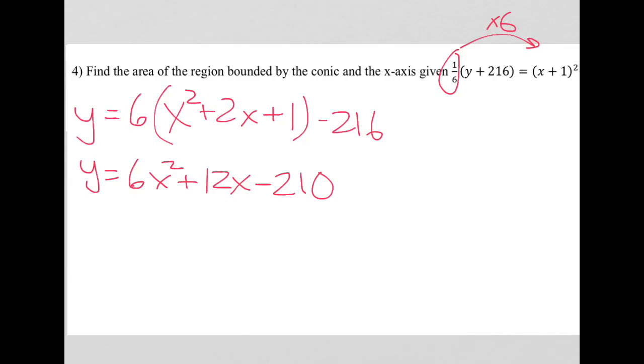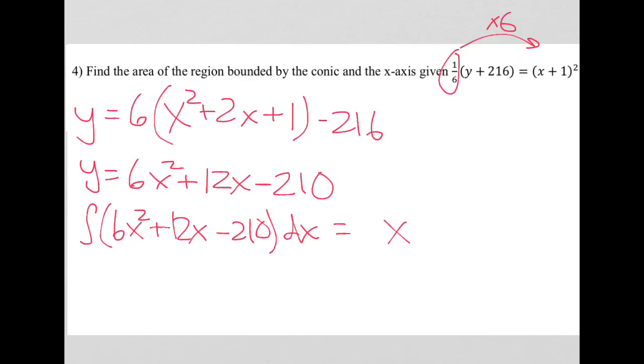We have this ugly, ugly equation, and we need to integrate this function, 6x squared plus 12x minus 210, with respect to x. The power rule for integration says we add 1 to the power. So we add 1 to x and get x cubed, and then we divide by that new power.